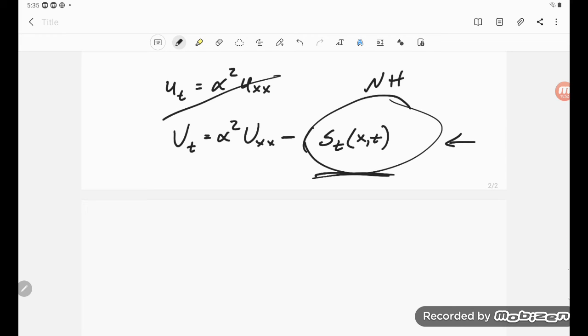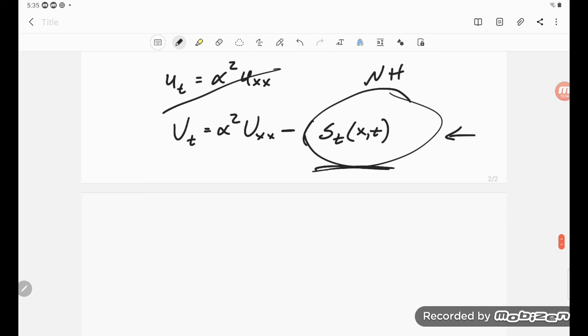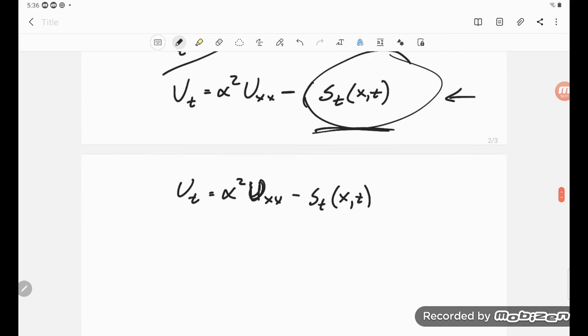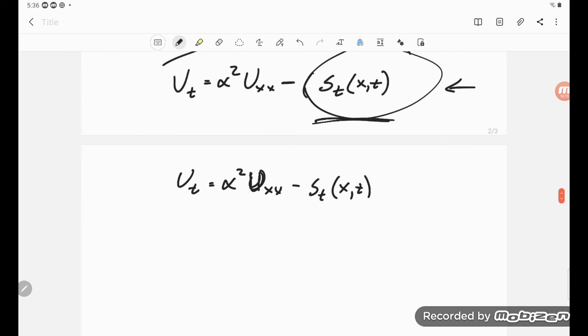And so we have to solve this problem. U sub t equal alpha squared, whoops, uppercase U sub xx minus s sub t of x and t. So we can write down what that is, but it doesn't help a whole lot as far as our solution.